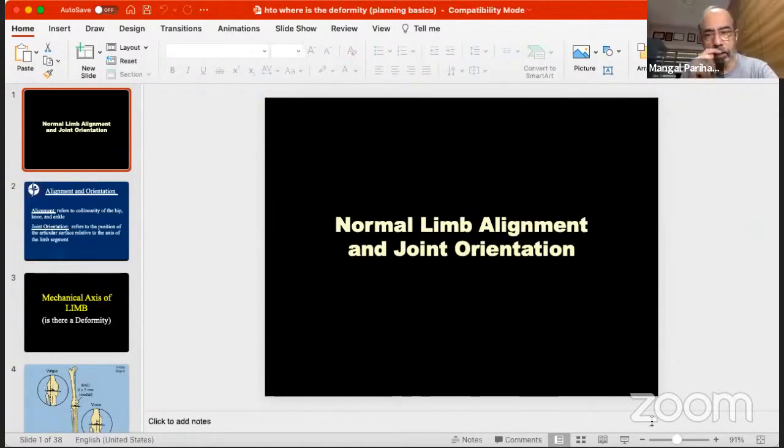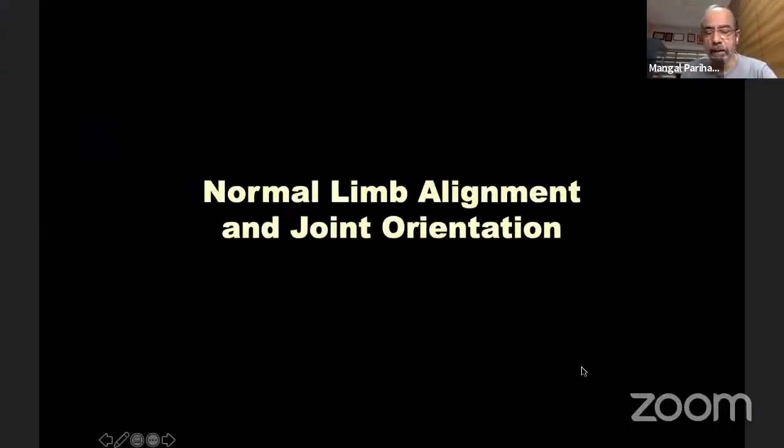So in my talk right now, I'm not talking exactly about how you plan for a high tibial osteotomy, open wedge or closed wedge in detail, for the simple reason that it's going to be covered better. I just want to give an overview in terms of understanding deformity and the principles of deformity correction in relation to a high tibial osteotomy.